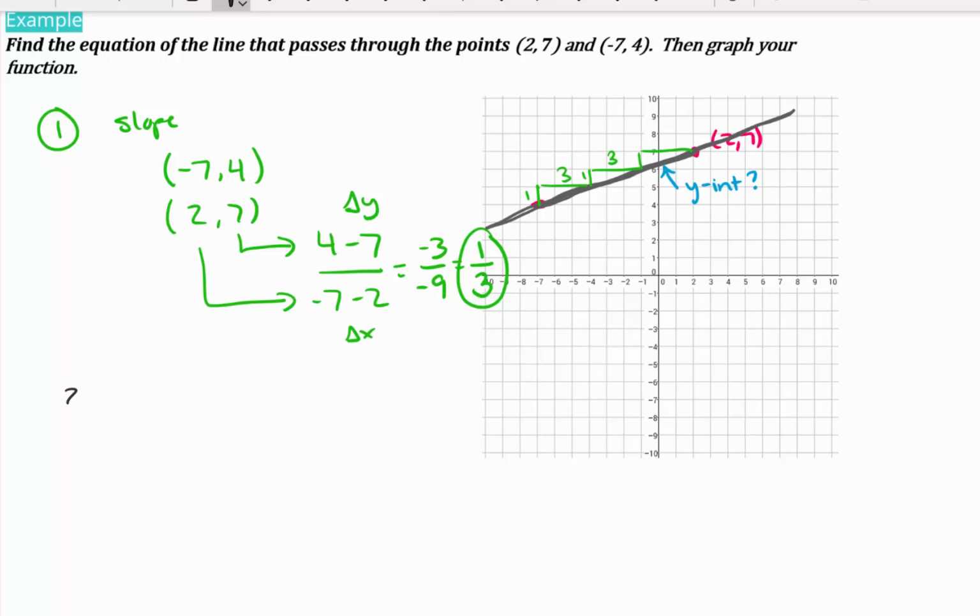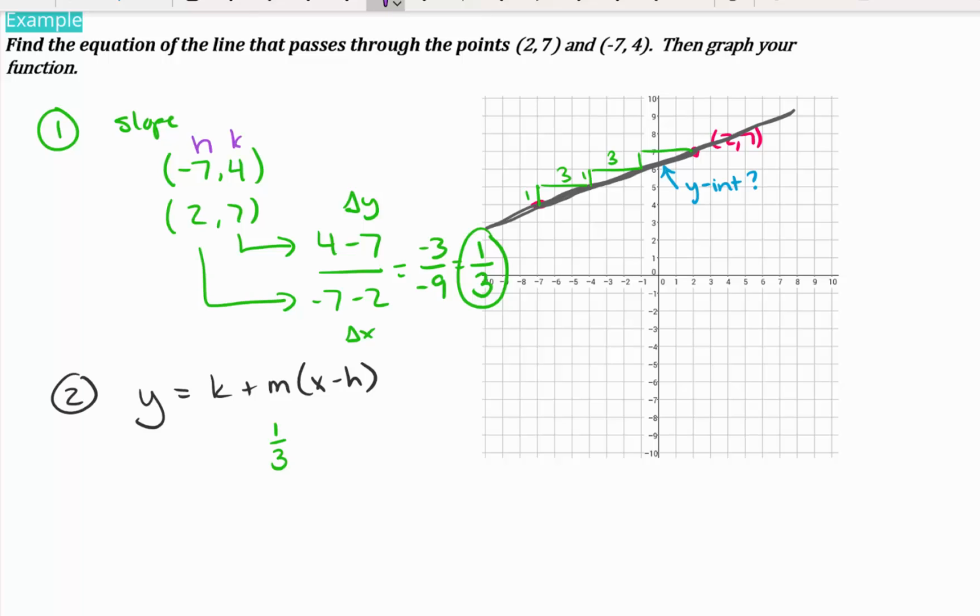So here we go, step 2. Let's go ahead and just plug into our formula. So y equals k plus m times x minus h. And we know our value of m is 1/3, so we'll pop that in. And then we come down to finding out values of h and k, and we have to decide what we're going to use. Again, it does not matter which one you use.